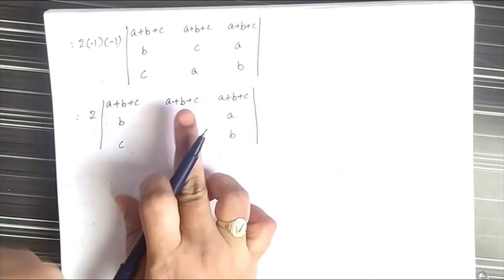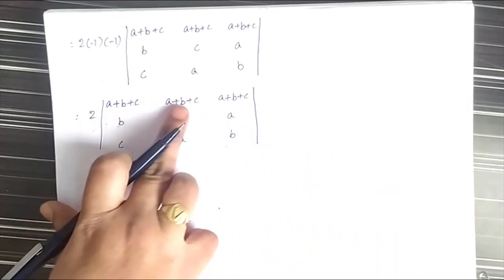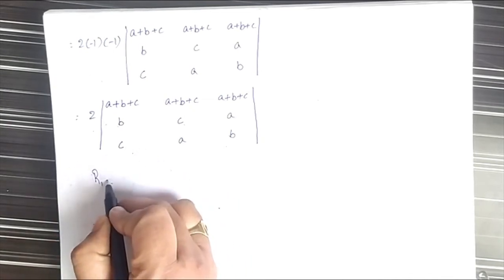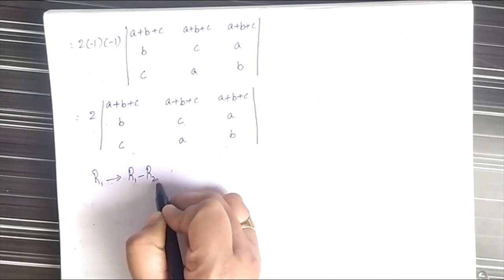But in the first row, to reach the RHS we need a, b, c. For that, we take one more operation: R1 becomes R1 minus R2 minus R3.